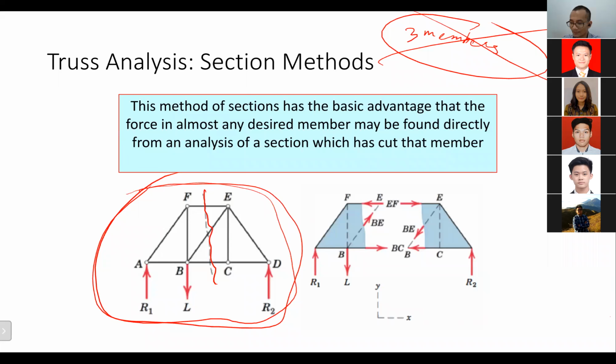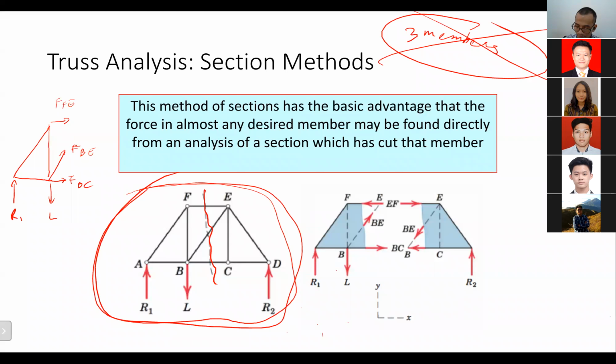So later, I will have 2 free body diagrams. The first free body diagram will be like this. So this is the first free-body diagram.